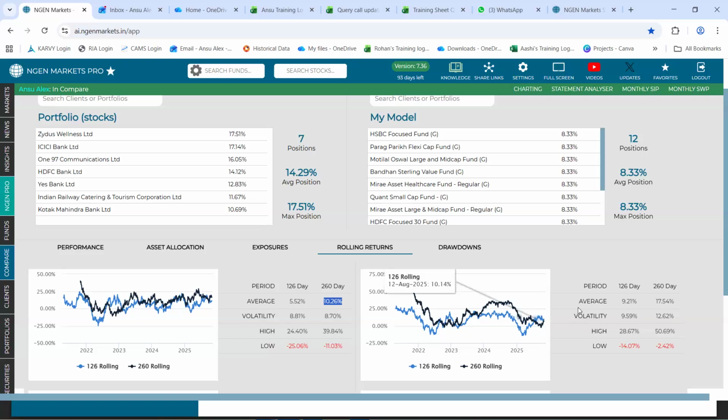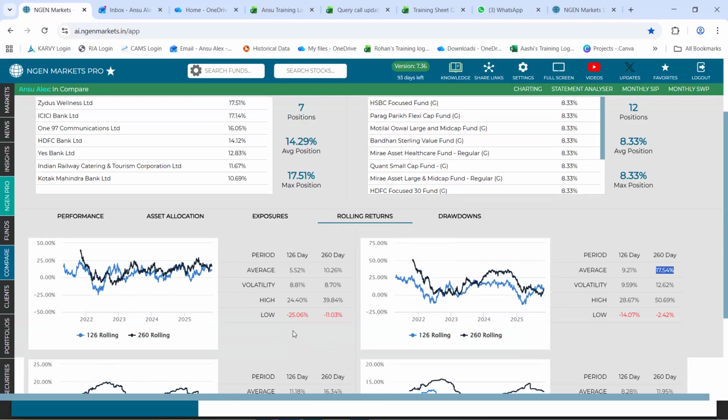While in the same analysis, if you hold on to this MF portfolio for any 1 year during our time horizon, you could have had an average rolling return of 17.54%, which is a whopping 6 or 7% increase compared to this stocks portfolio.